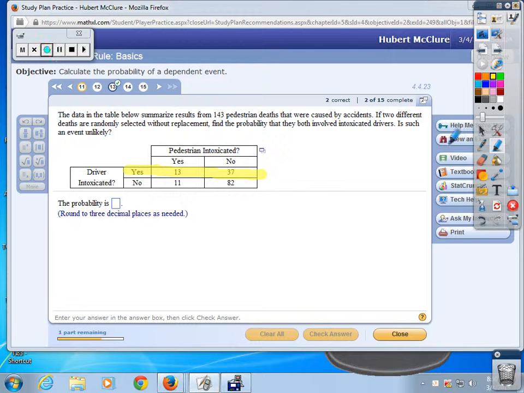So, 13 plus 37? That's 50. So that's going to be 50 over 143 times 49 over what? 142. Well, that's a test question.